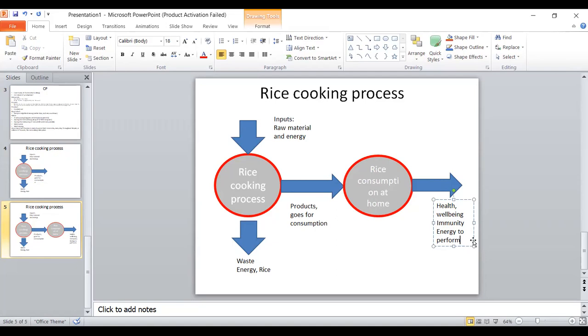Fulfilling hunger means you are receiving good health, well-being, immunity, and energy to perform things, study and all. So that is the product output. Actually, you can write papers, even publications about this, because this is a million home issue.